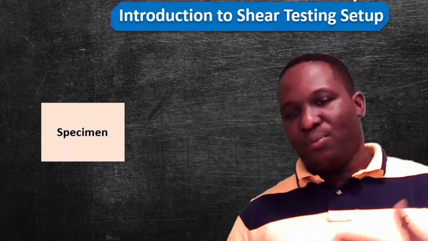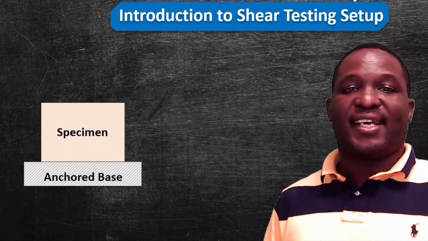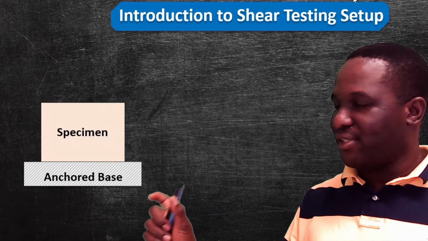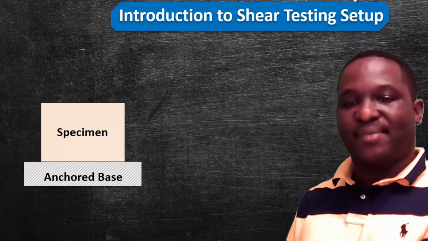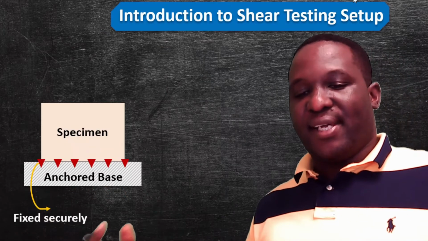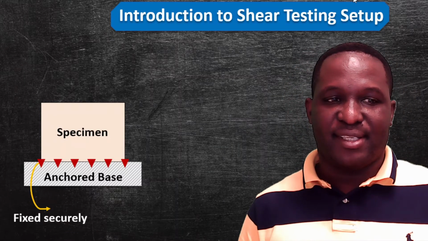The principle of shear testing is that there has to be a part of the specimen that is anchored. What we see here is the anchored base of the specimen. This may be connected to your test equipment, where the specimen is fixed and not able to move. And then there is also a fixed, secure part to this test setup, like we can see here.